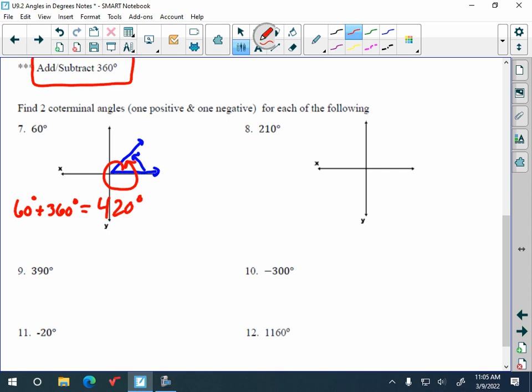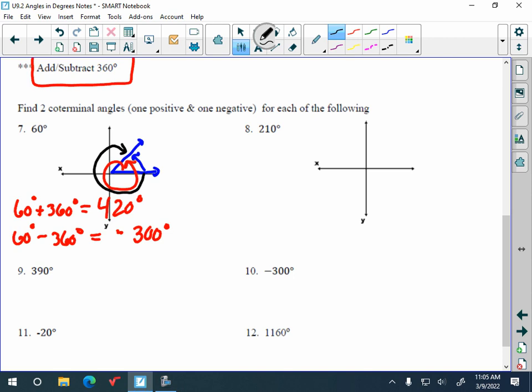Now, if I want to find a negative one, I can take 60 degrees and subtract off 360. That would be negative 300 degrees. If I take a negative 300-degree angle and I want to draw it, it would look like this. So here's negative 300 degrees.